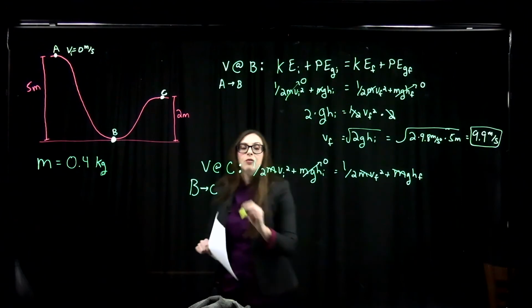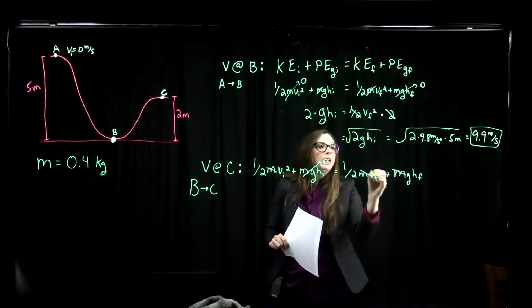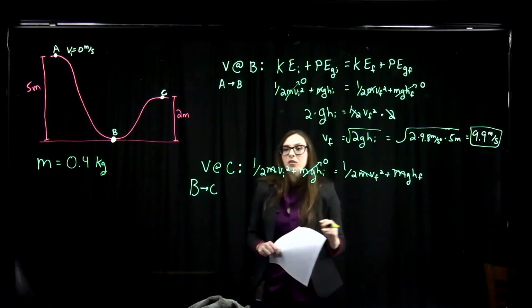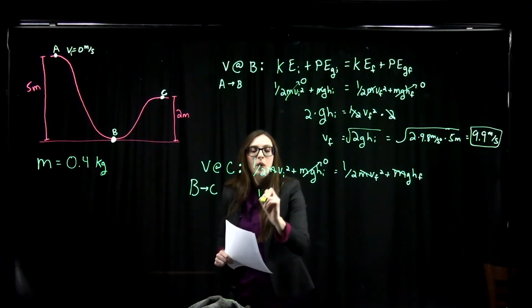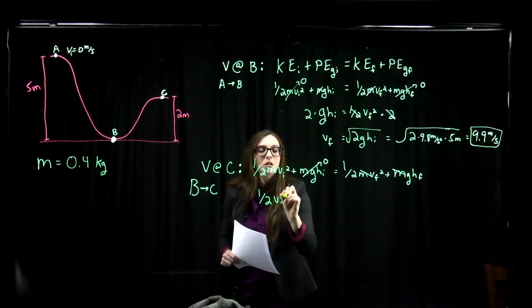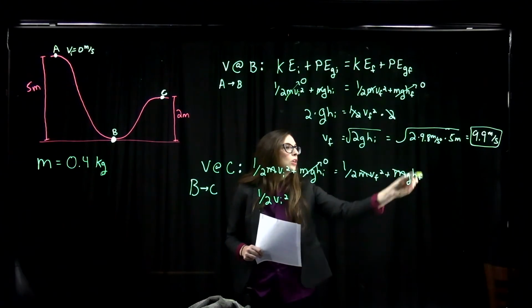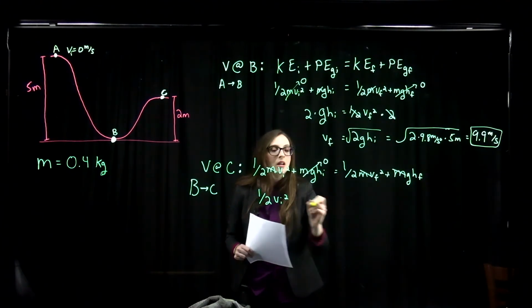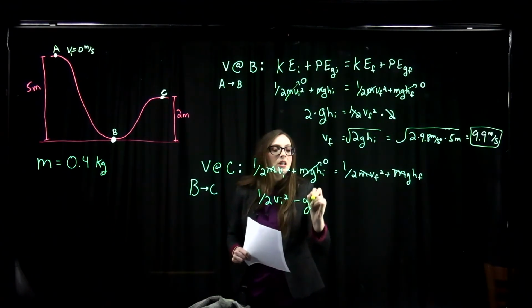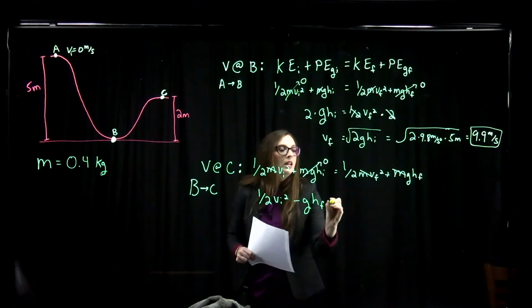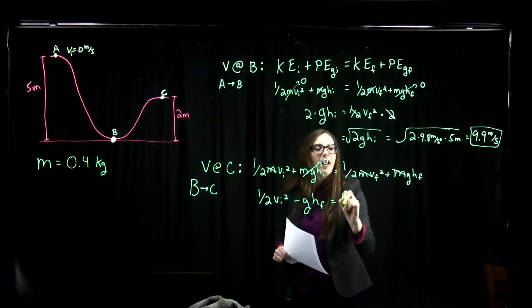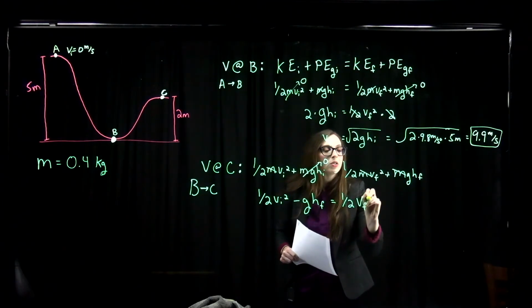We're solving for the velocity at C, so we need to get this final velocity by itself somehow. So we have 1/2 v initial squared. I'm going to subtract this term over to the other side: minus g h final equals 1/2 v final squared.